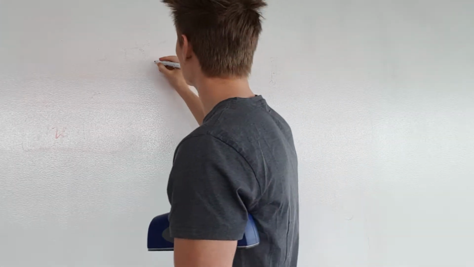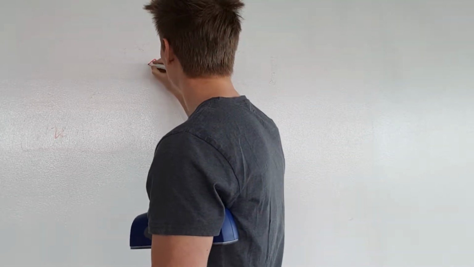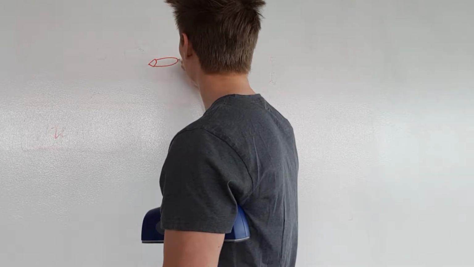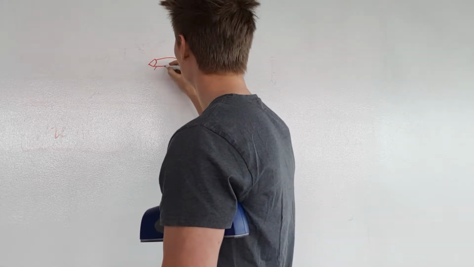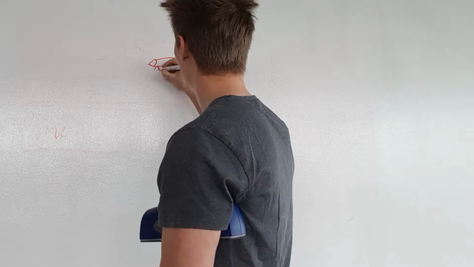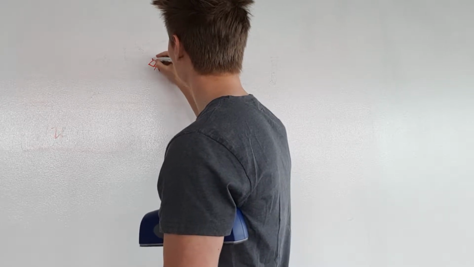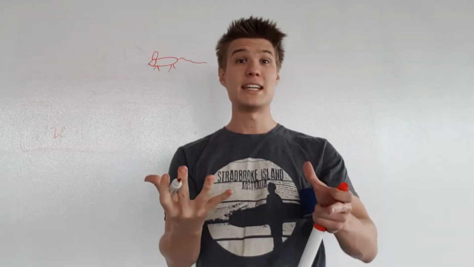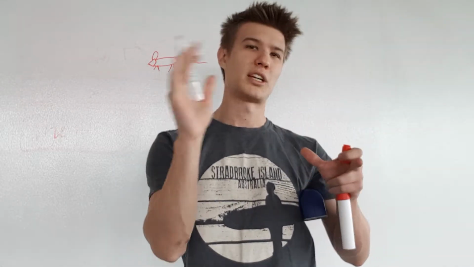what they did was they got a mouse. I'm going to do my best mouse drawing now. It's going to be terrible. A little mouse. It's got ears. You got your mouse. Take a step back.